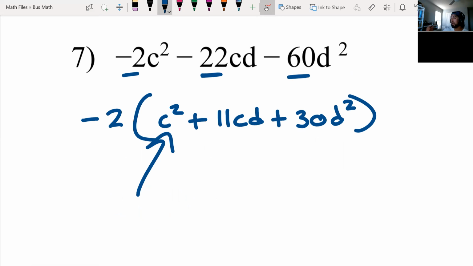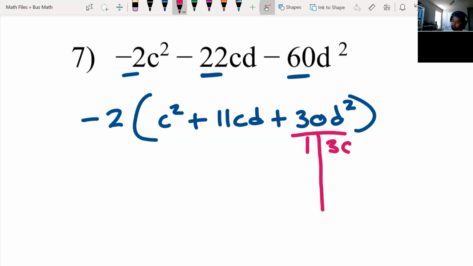We get the trinomial that has a power of 2 and it's positive. So that means all we have to do is list the factors of the last number. And you get 1 and 30, 2 and 15, 3 and 10, 5 and 6, and I think that's it.